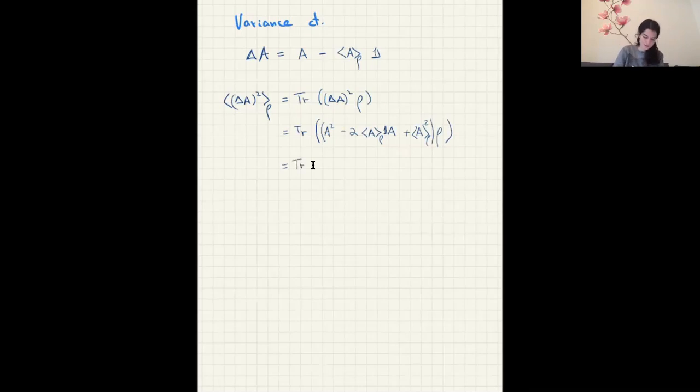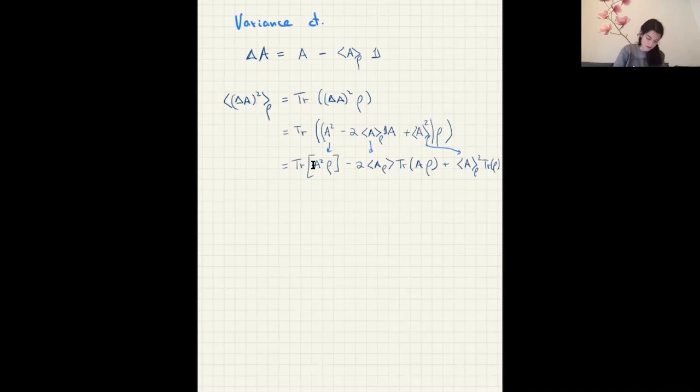So this is the trace of A squared rho, minus 2 times this number, and now the trace of A rho, plus this number squared, the trace of rho. So that's this. This comes from there, that comes from there.